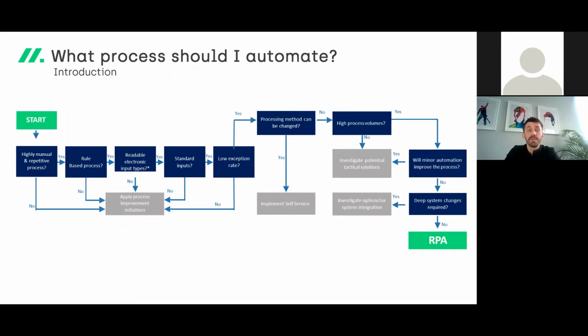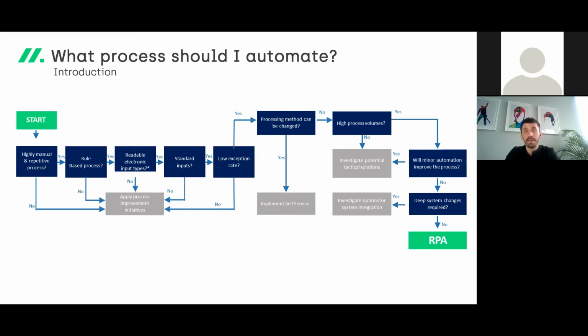Then we should ask if the electronic input is readable and well structured. If yes, let's move on. The next question is if the input is standardized. If yes, again, let's move on. The next question is whether we have a low exception rate in the process.